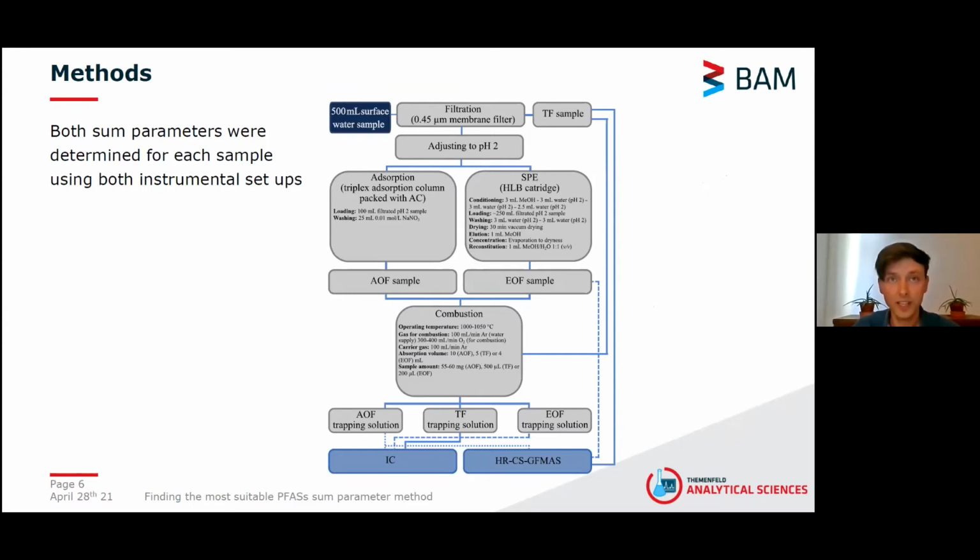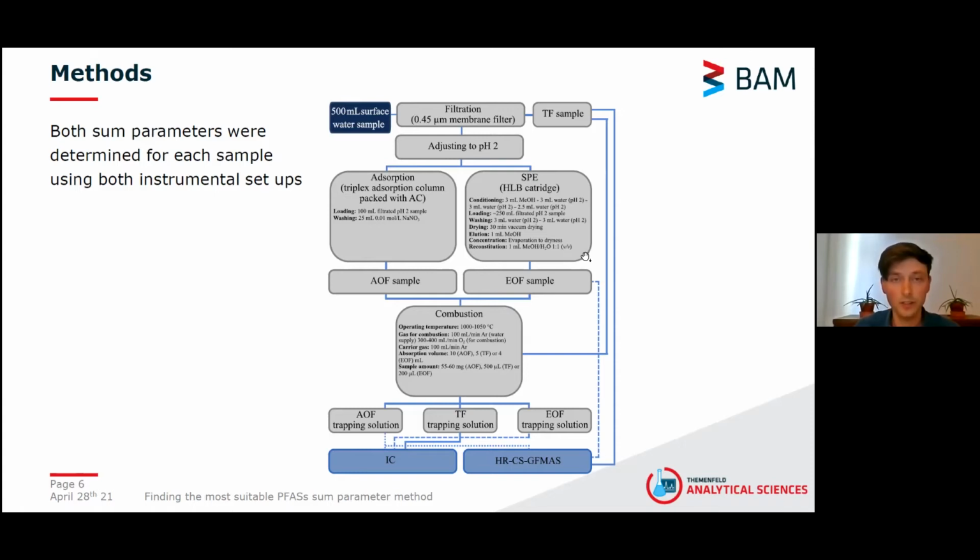So triplicates of all water samples were filtrated, and a small aliquot was used to determine the total fluorine content, which is mainly made up by inorganic fluoride. For AOF and EOF determination, we adjusted the pH to 2.